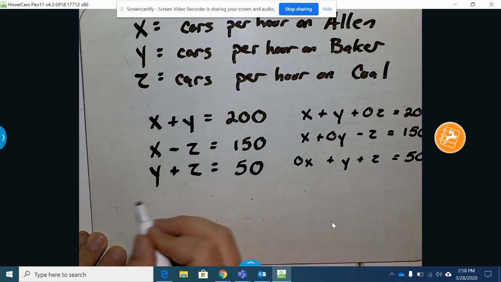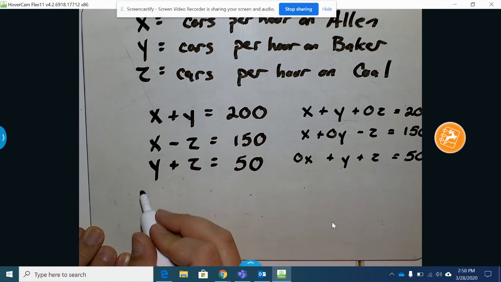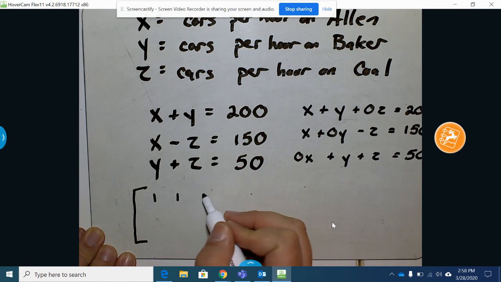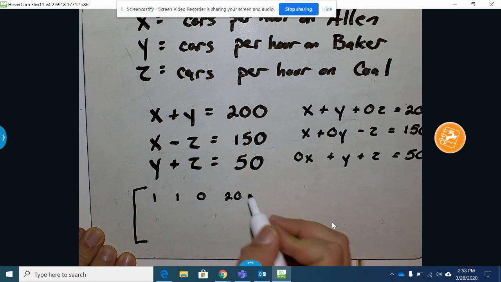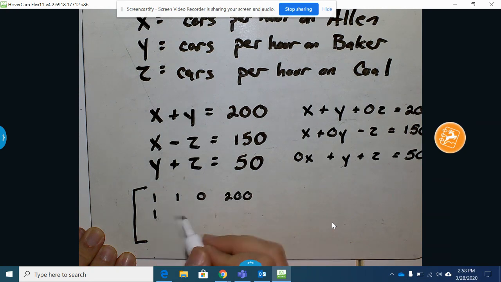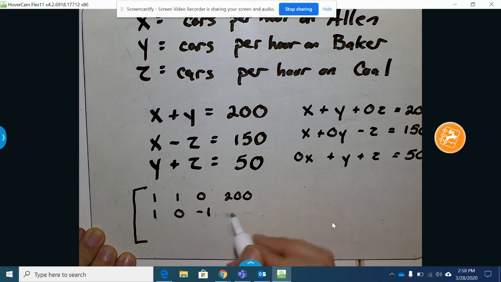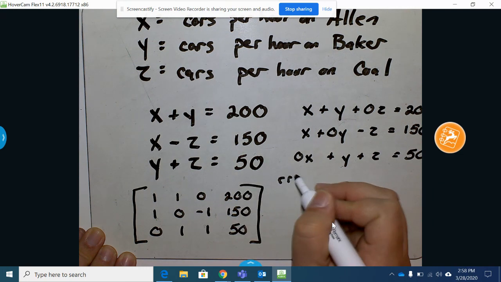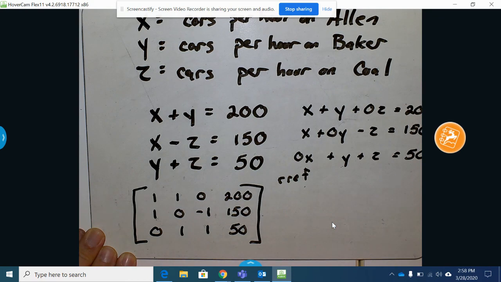So my augmented matrix would be 1, 1, 0, 200, 1, 0, negative 1, 150, and then 0, 1, 1, 50. Okay. Now I want to find the reduced row echelon form of that.